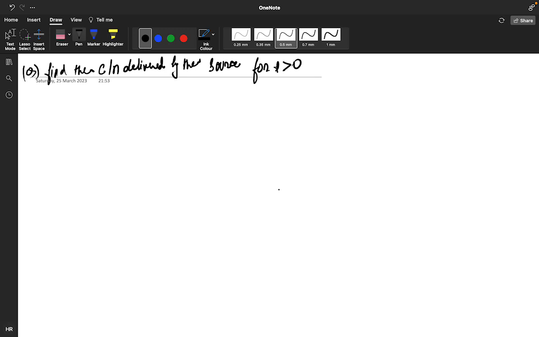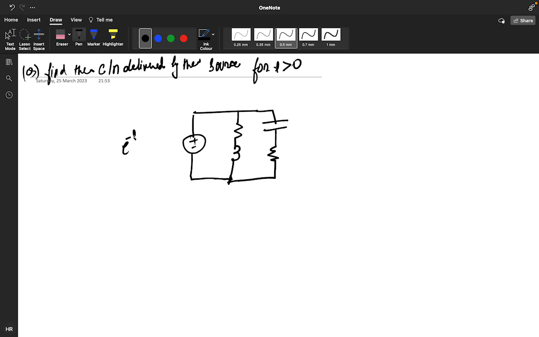and I have not given you the circuit, so let me give you the circuit first. So now you know they had directly given the circuit like this. They didn't give the switch. They had given the circuit like this. Capacitor, and this particular positive negative. This is your e power minus t u of t.